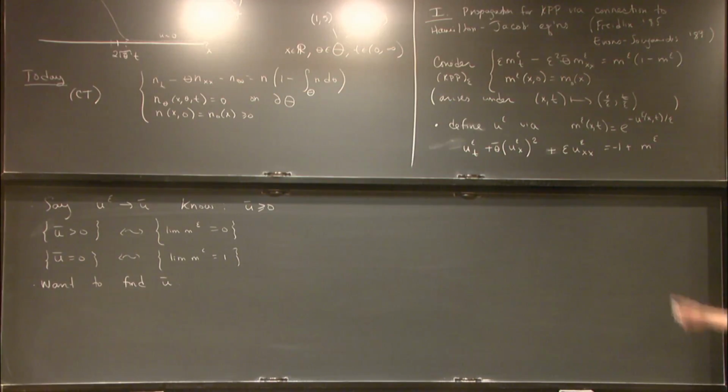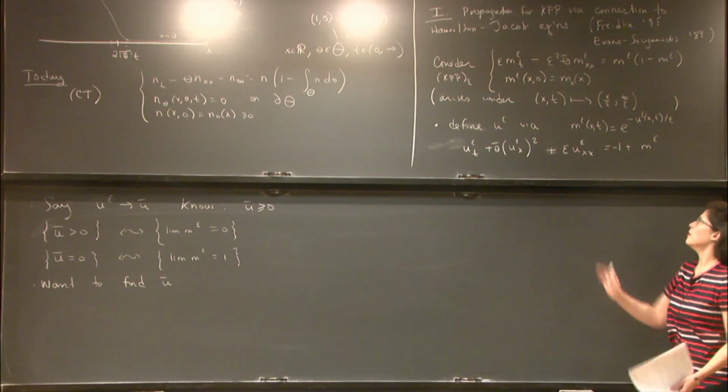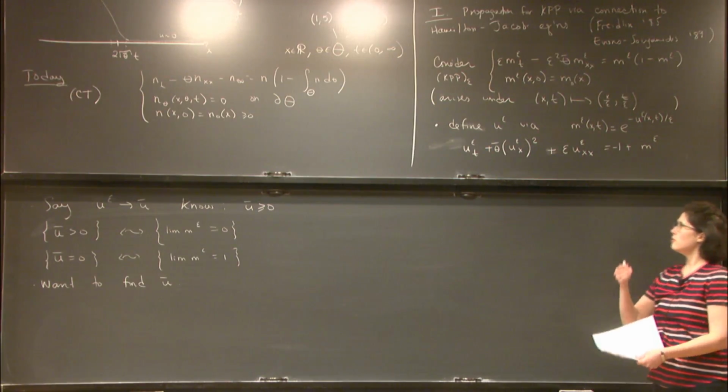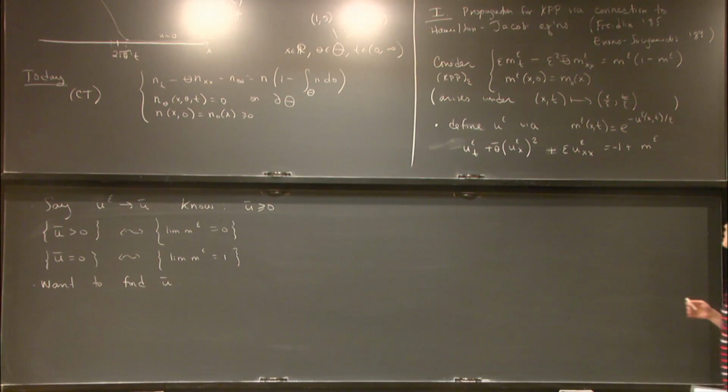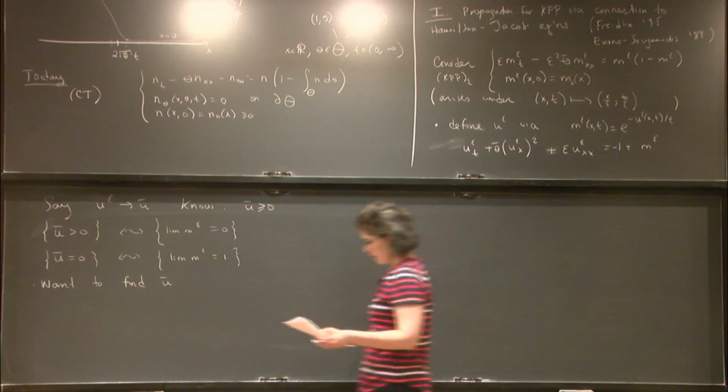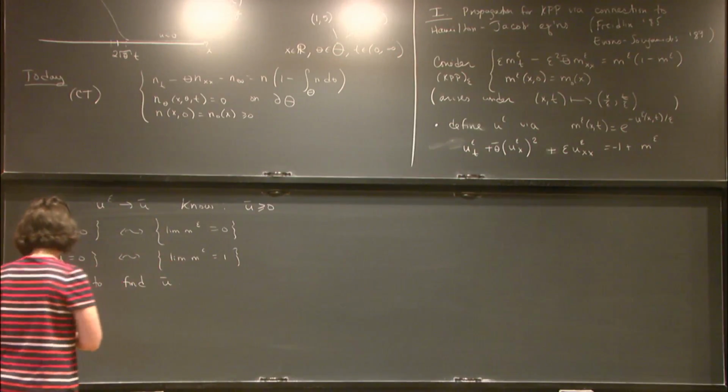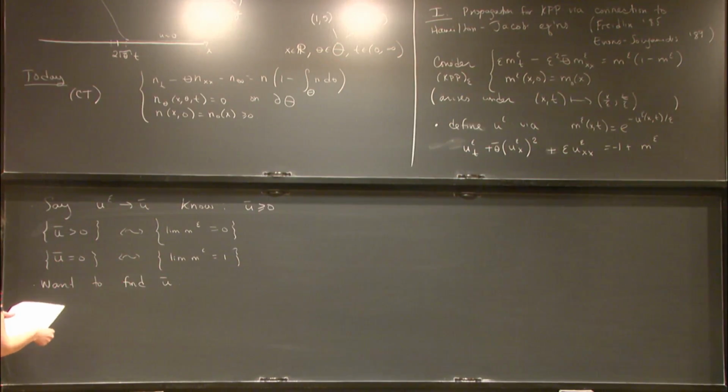If I look at this epsilon PDE and take the limit epsilon goes to 0, this term does disappear, as you'd expect. But what happens to this m epsilon? I'll write down what you can see pretty easily.